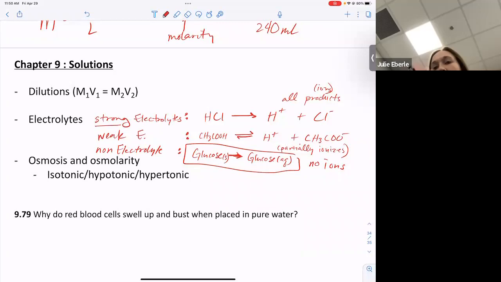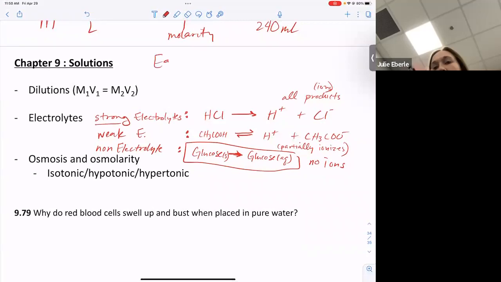Okay, last thing. Oh, you know what I don't have on here is equivalence. So I'm just going to make one quick note of that up at the top. Equivalence. One equivalent is the amount of ions that creates 1 mole of charge.